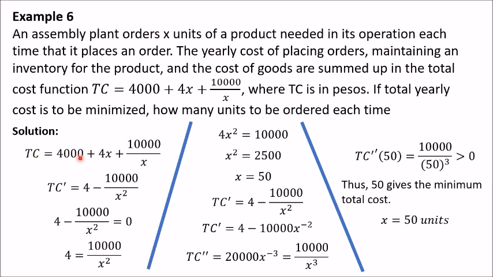So, the derivative of this, TC prime equals 4,000, zero ng derivative niyan. 4x, the derivative of that is 4, minus derivative of 10,000 over x is 10,000 over x squared. So, paano nga ba yung shortcut natin dito? Imagine that x na to, kapag nilagay natin sa taas, magkakaroon ng negative 1 exponent.